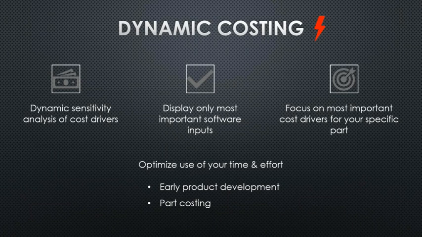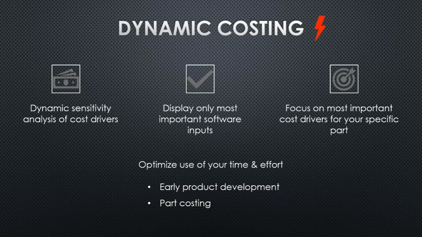So it really enables you to focus on the most important cost drivers for your specific part. And this can be helpful because it enables you to optimize your time and effort when you're estimating the cost of parts. And really, that's useful in just about any situation that you'd use the DFM concurrent costing software in.